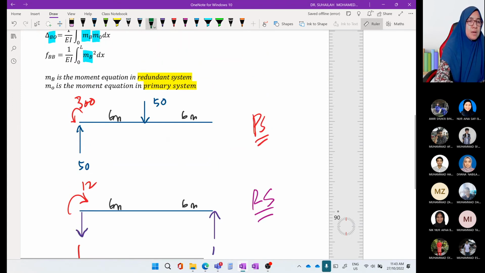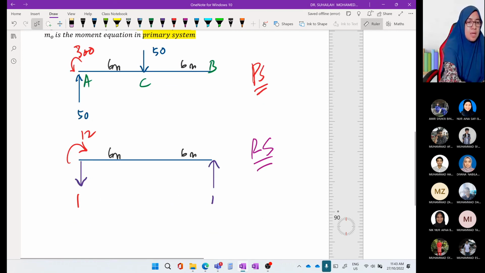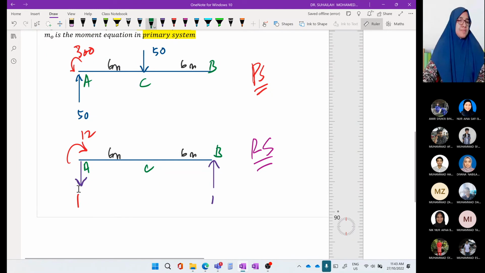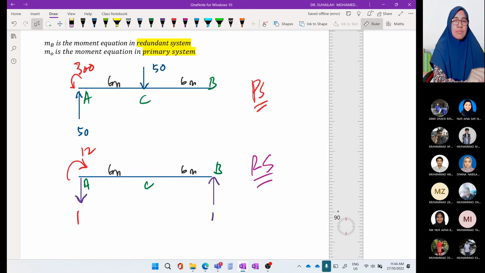So this is a determinate beam, A, C, and B, and we will have 2 sections. We are doing this because we will continue to write the moment equation after this.